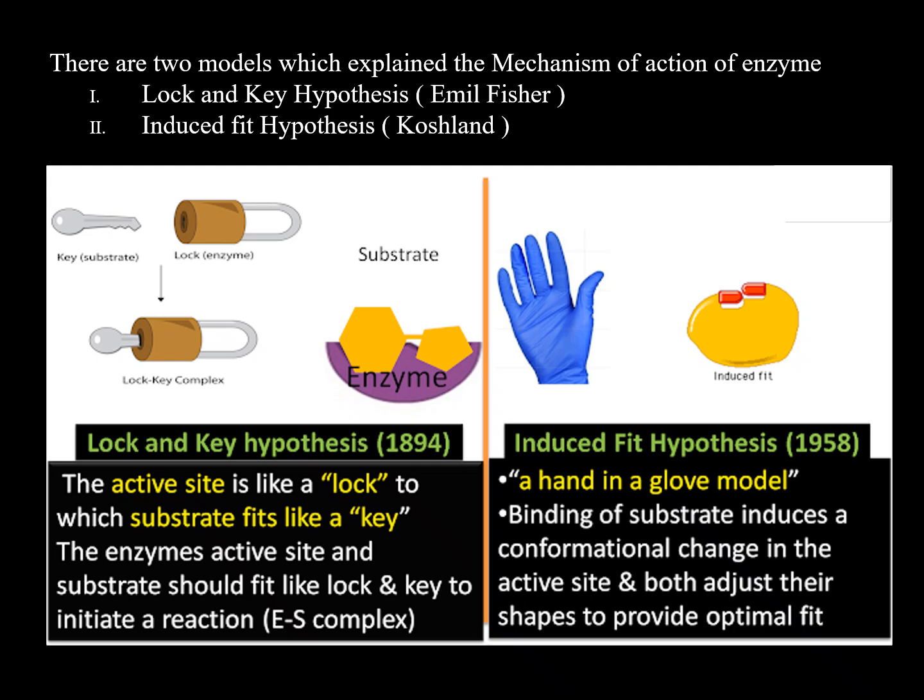In this model, the active site is flexible and changes its shape when substrate binds. So the enzyme fits the substrate more perfectly. This induced fit model explains enzyme specificity more realistically.